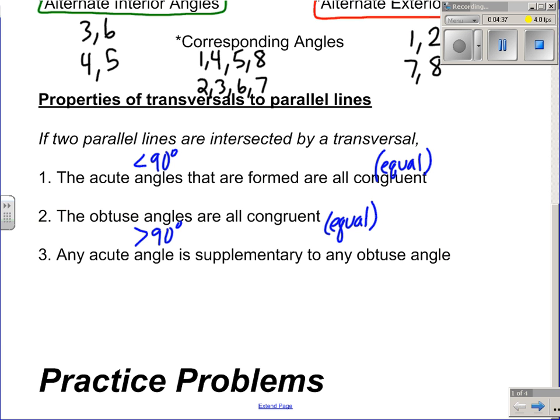And any acute angle is supplementary to any obtuse angle. So basically when you add the acute angle and the obtuse angle, since they're supplementary, that means they add up to 180 degrees. All right, so that's the majority of the notes that we're going to take.